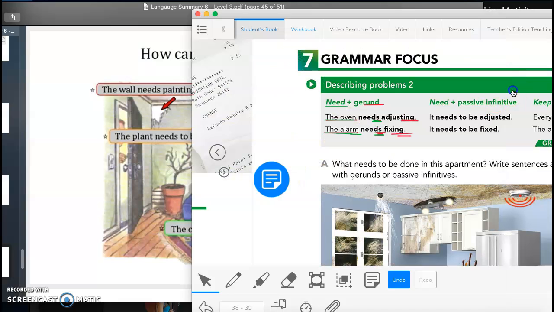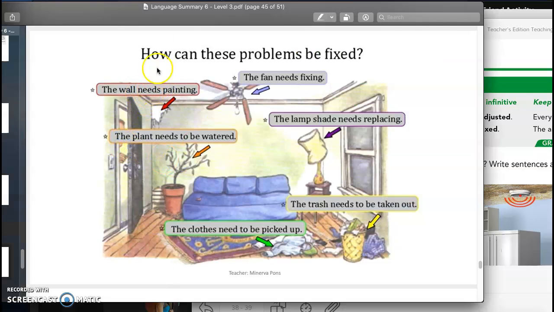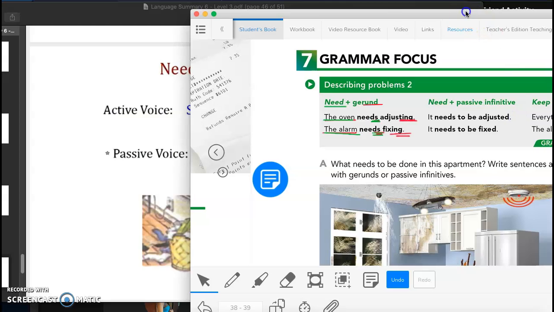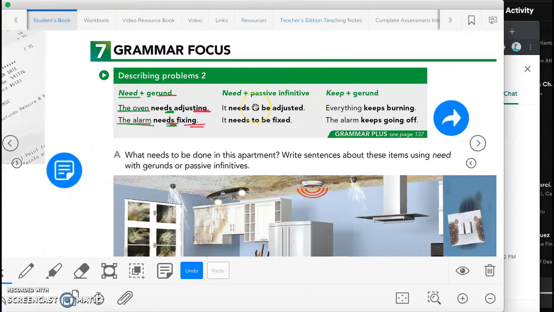So basically we are using need to describe a problem, and then we are using the gerund to say what it is that we have to do for this problem to be resolved. The wall needs painting. The fan needs fixing. The lampshade needs replacing. And then we have this other problem, how to describe problems like this, which is need plus the passive infinitive.